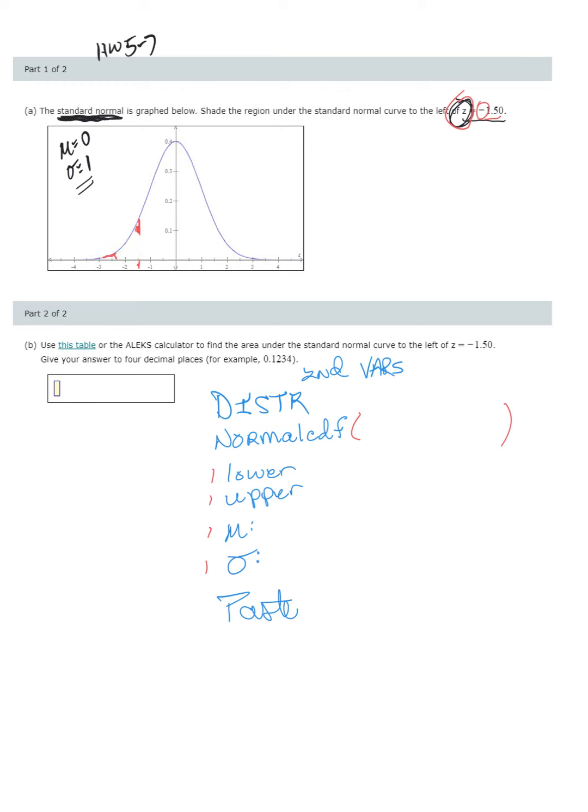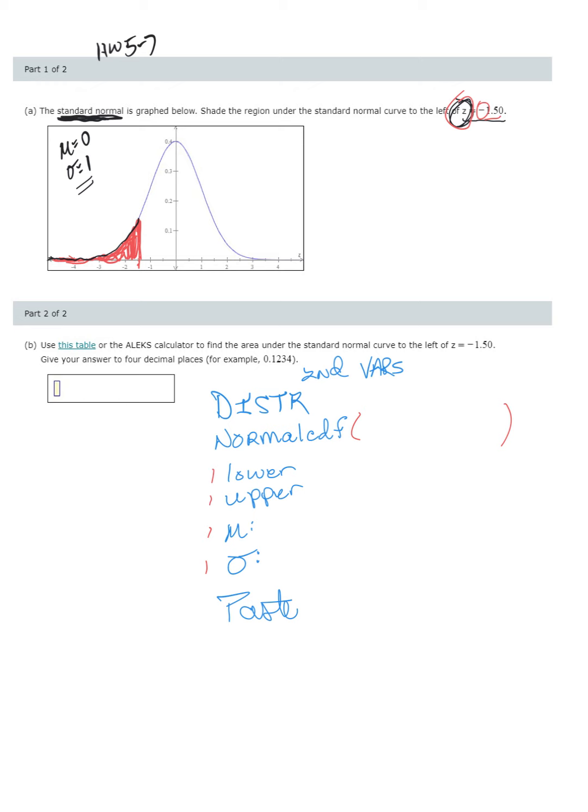So when it says lower bound, it's talking about the part you've got shaded. What is the lower bound of this? If you look at your picture, this graph actually extends all the way out here for infinity before it never touches.